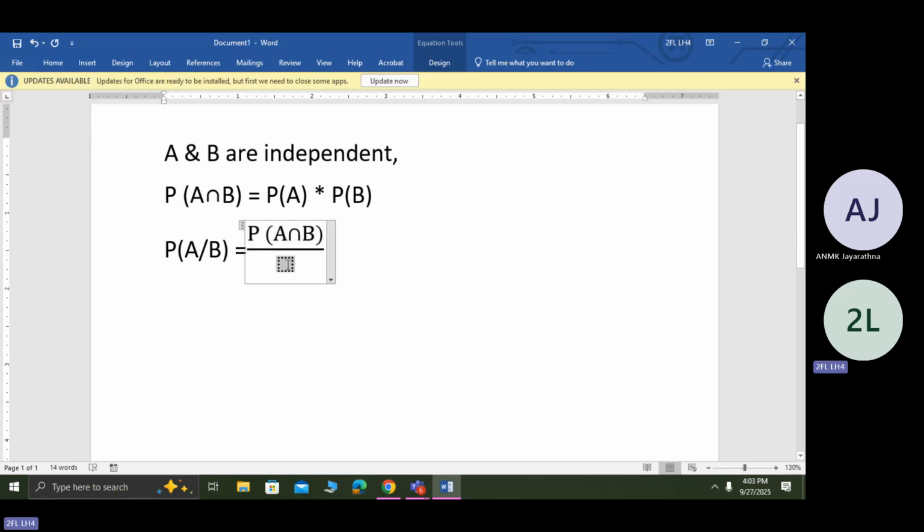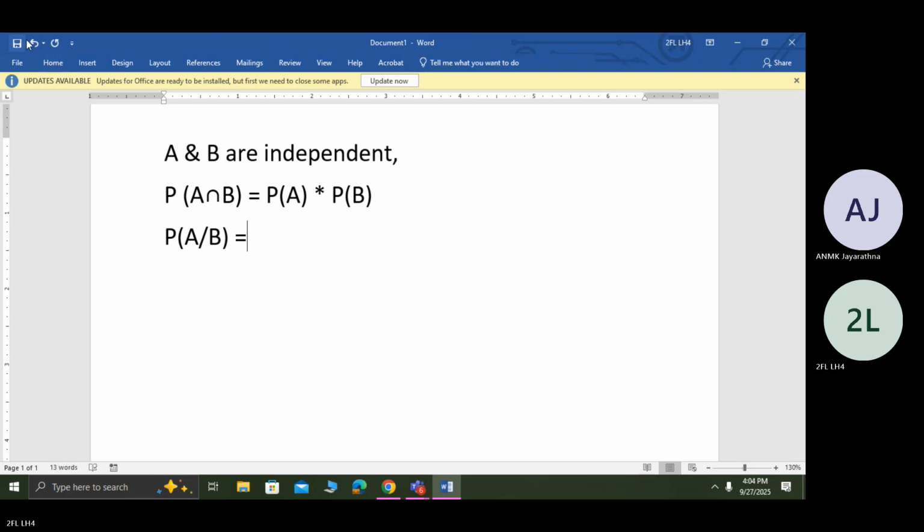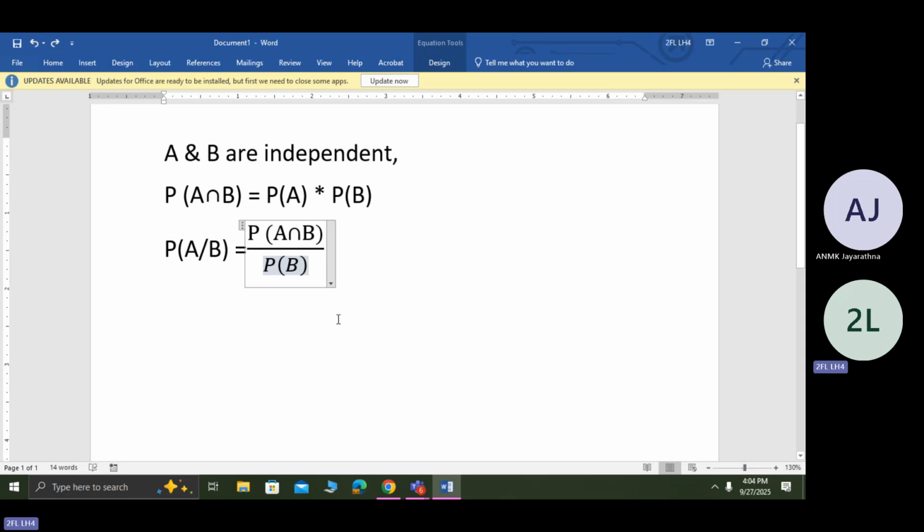What does the denominator represent? Probability of which event? First event. Then here what is the first event? Event A or B? B. Then this is the formula we can use to find out the conditional probability.